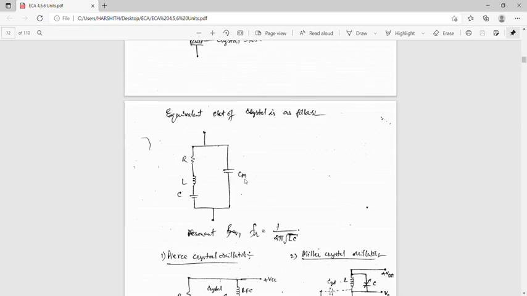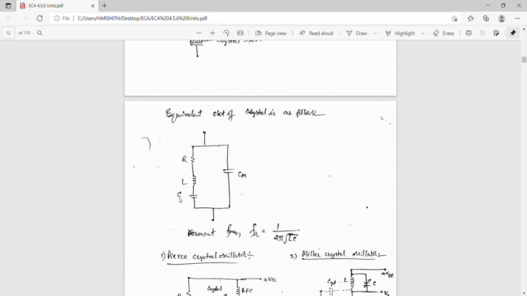When it is vibrating, there are internal frictional losses which are denoted as R. This is the R. The mass of the crystal, which is an indication of its inertia, is represented as an inductance L. In a vibrating condition, it has some stiffness which is represented by the capacitor C. The mounting capacitance is a shunt capacitance.